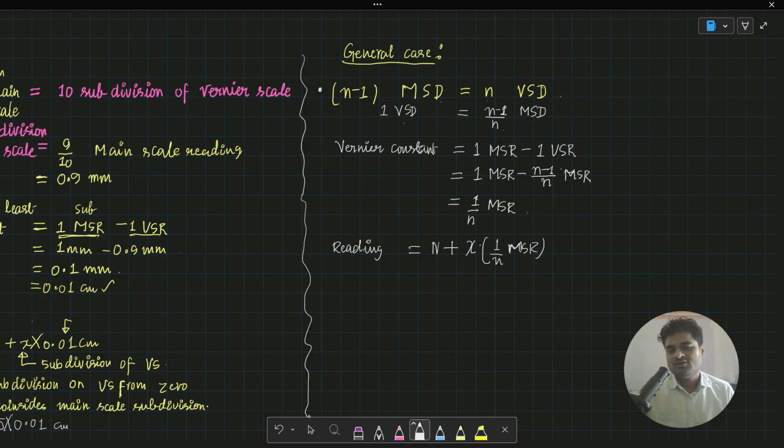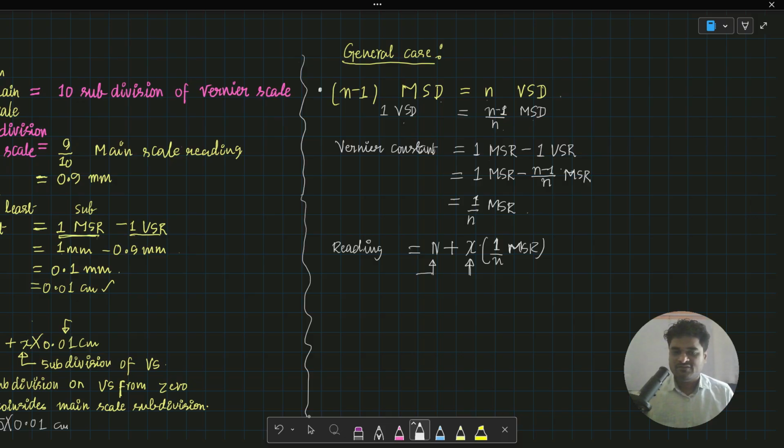And from here the reading will be, let's say that we are getting n as the reading on the main scale, and for the fine tuning we get x number of subdivisions on the vernier scale that exactly match with a main scale subdivision.